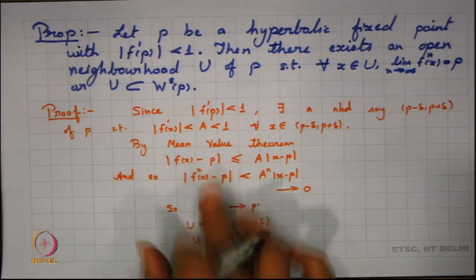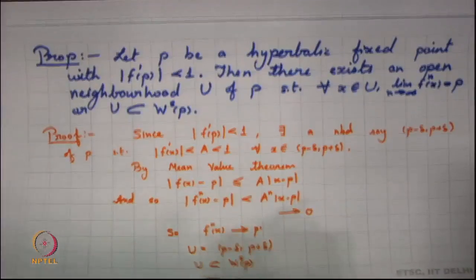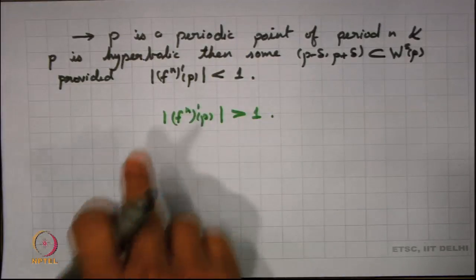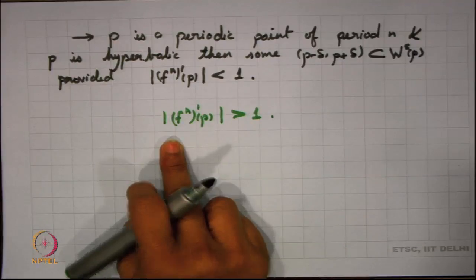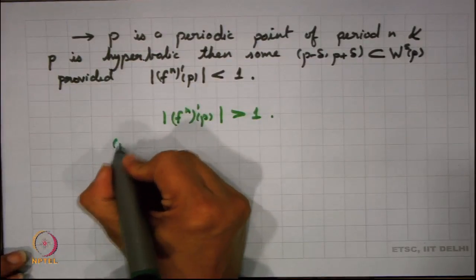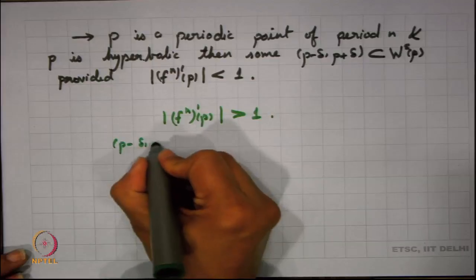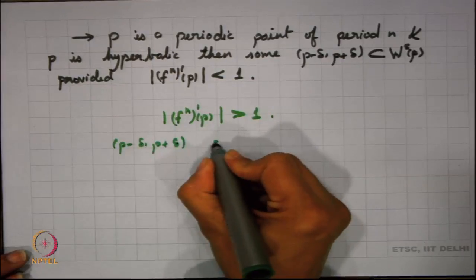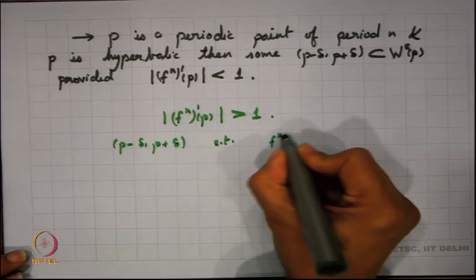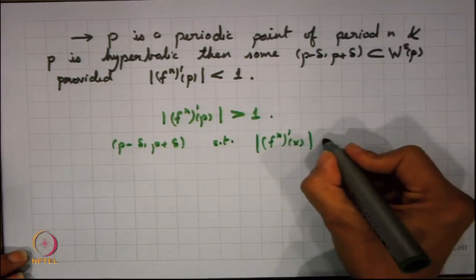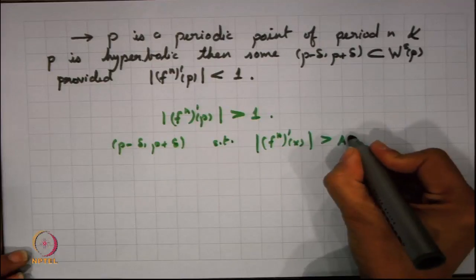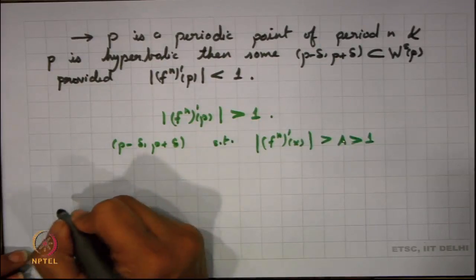Now, if f prime p is greater than 1, then I have an open set (p minus delta, p plus delta) such that the modulus of (f^n)'(x) is greater than some quantity a, which is greater than 1, for all x in it.